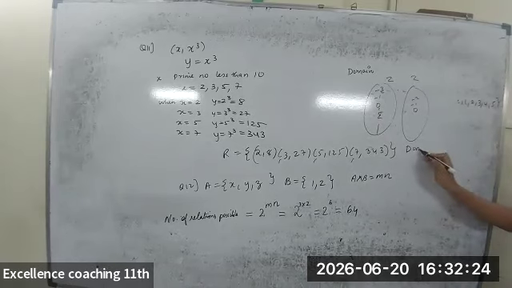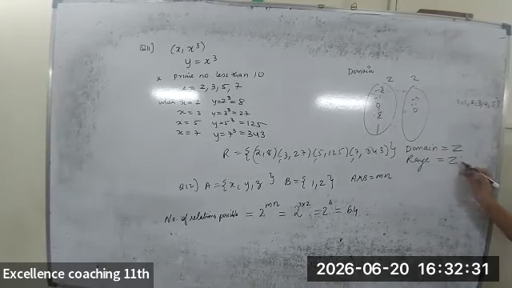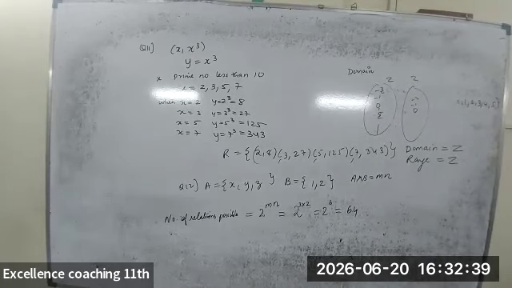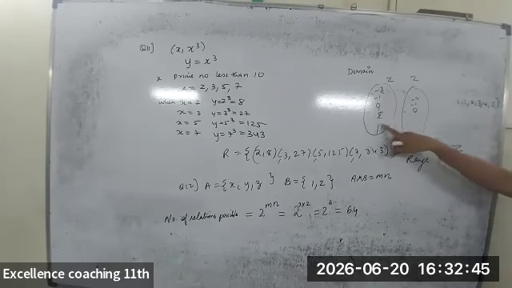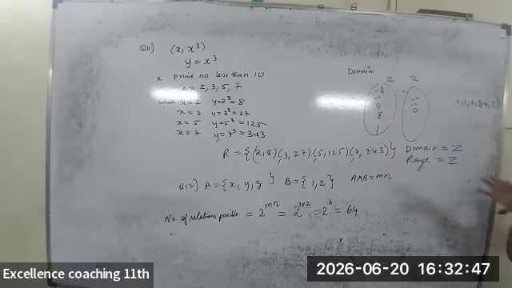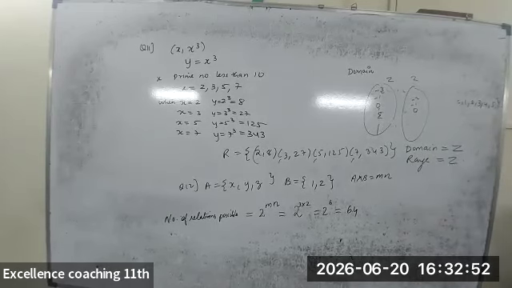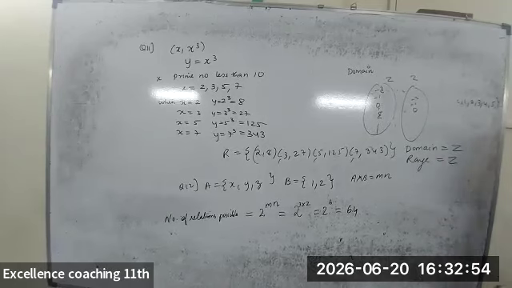So domain will be integers and range also will be integers. Because 1 minus 1 is an integer, 1 minus 2 is an integer, 1 minus 3 also. So it is going to work with all the numbers. There is no way that any number will be left out without an arrow. So straight away the domain is Z, range is also Z.